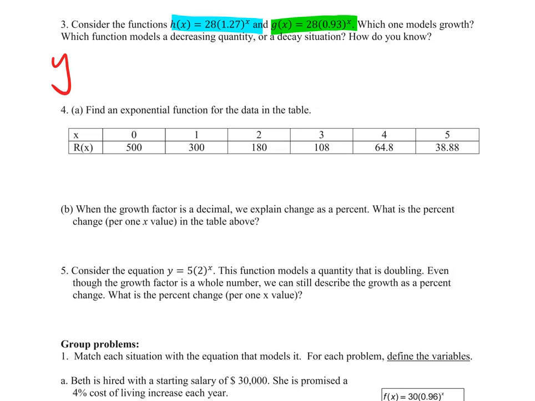Again, in the form of y is equal to a times b raised to x, the b part is where we know about the growth or decay. So b is the growth or the decay factor. I can write it down here.